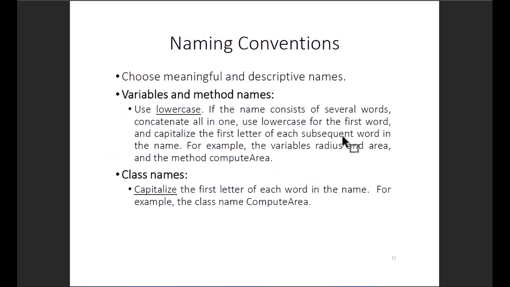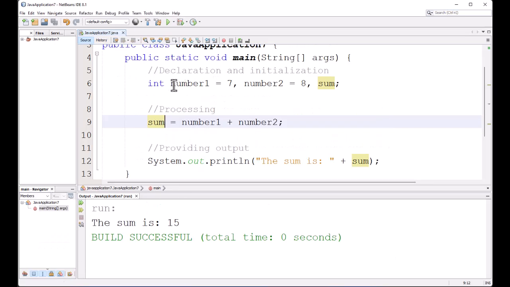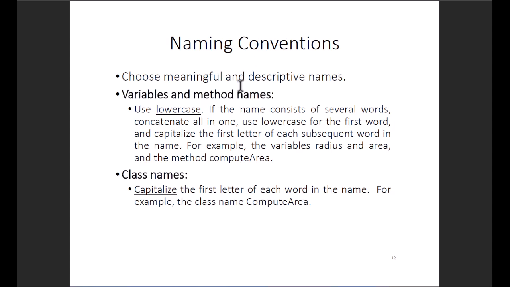Naming conventions. We usually use lowercase. Take a look at my program. You see sum lowercase, number1 lowercase followed by a digit, number2 lowercase followed by a digit, in case the variable was more than one.